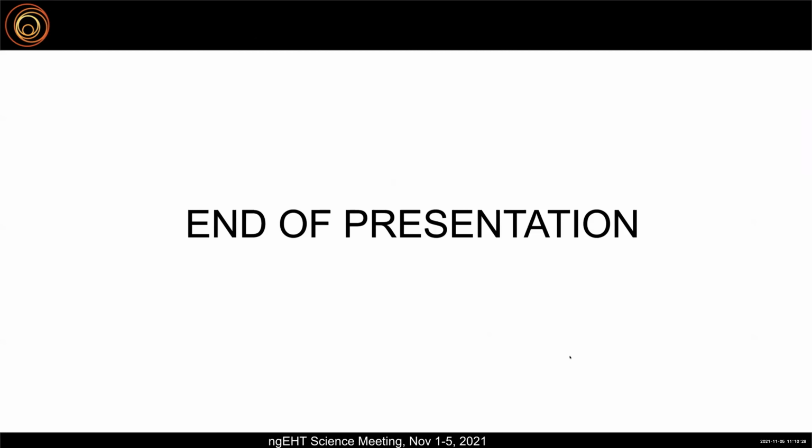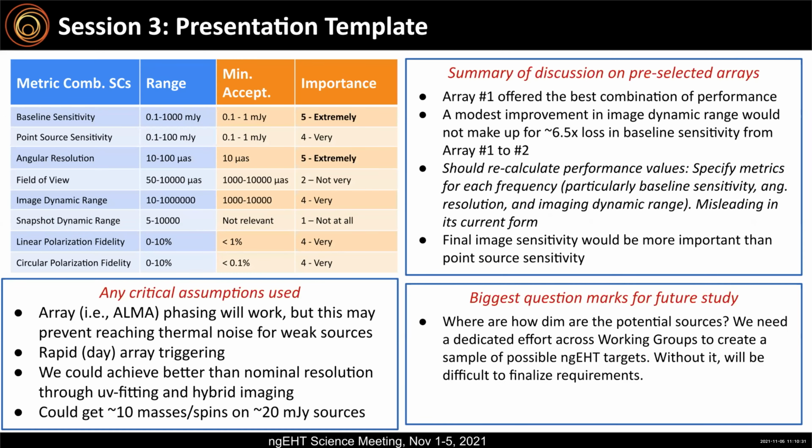And this is the final slide, which summarizes what we were discussing before. So just very quickly here, array 1 seemed to be the one that offers the best combination of performance. It was probably the most expensive one. We noticed that there is no significant improvement in dynamic range with the other array, so it wouldn't really be of significance for us.